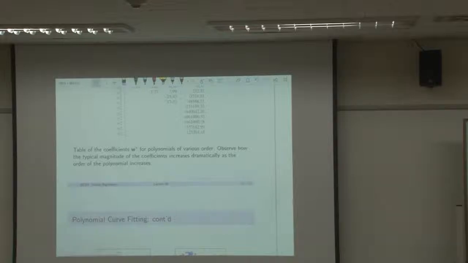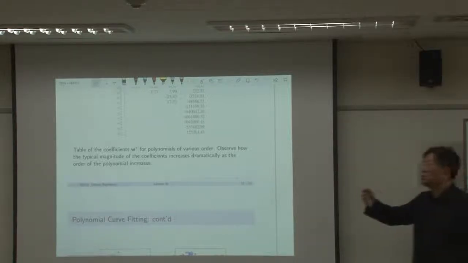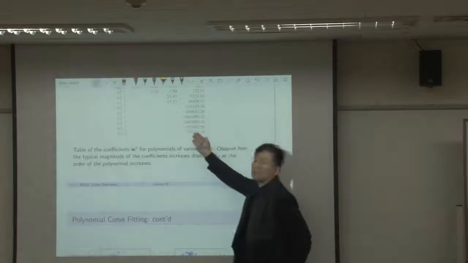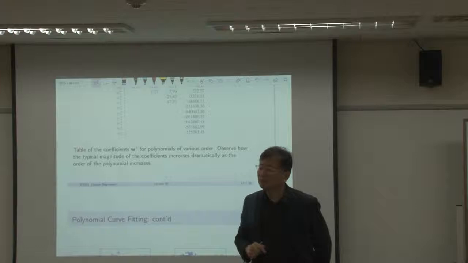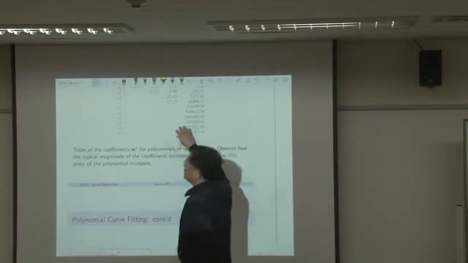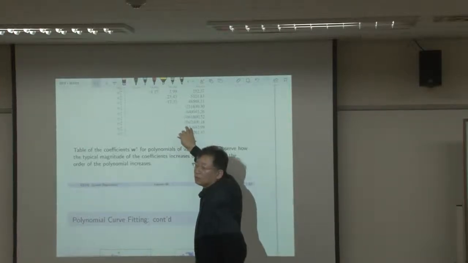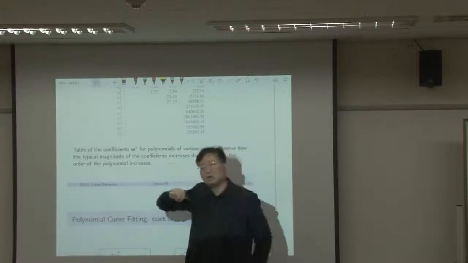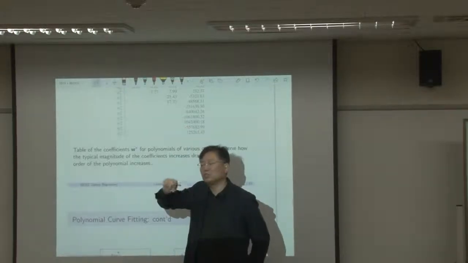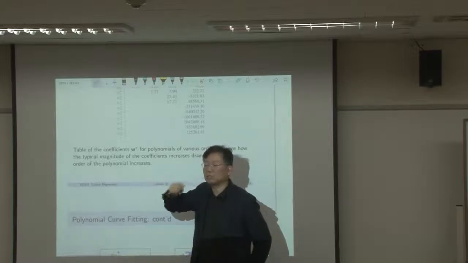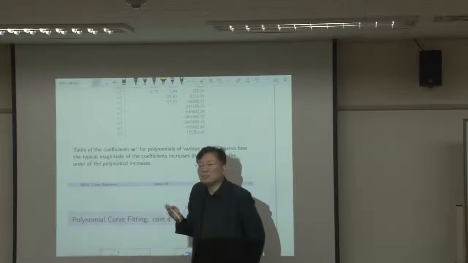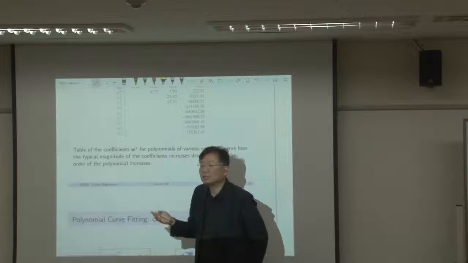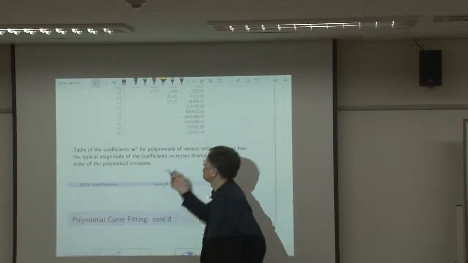So how do we stop this? How do I get these W's? By minimizing the residual sum of squares, or half the residual sum of squares, right? But what do we actually put in? A regularizer. What does a regularizer do?